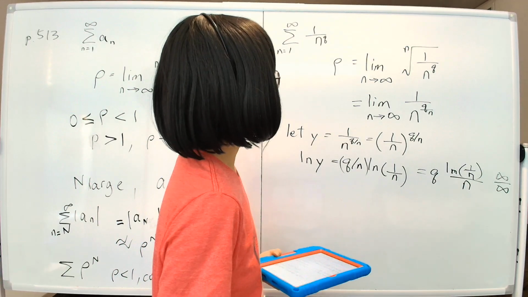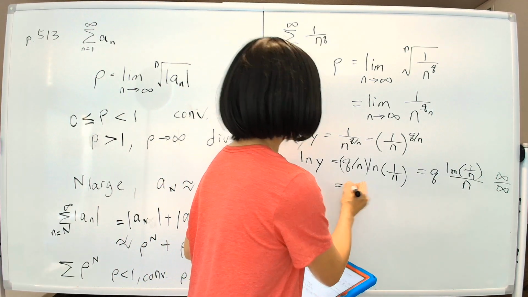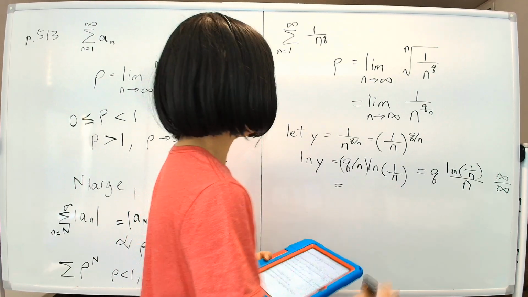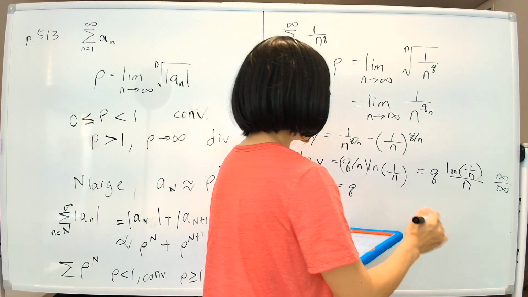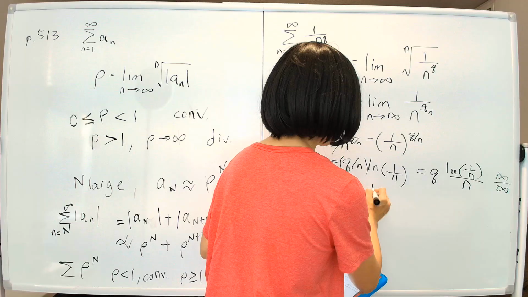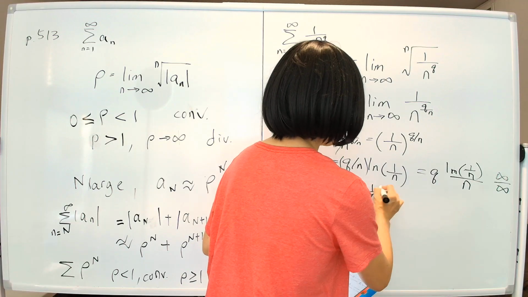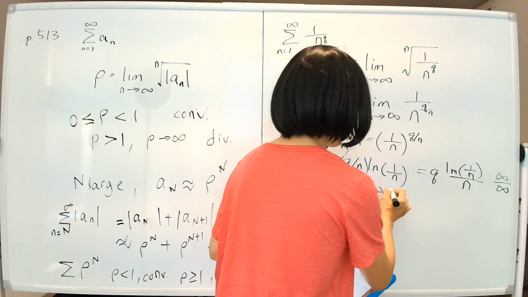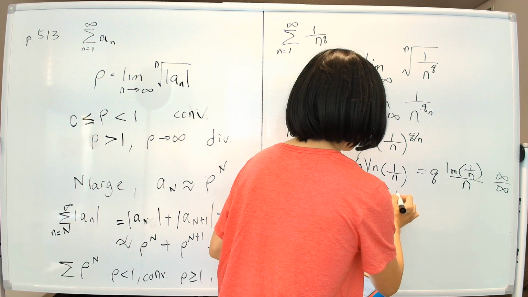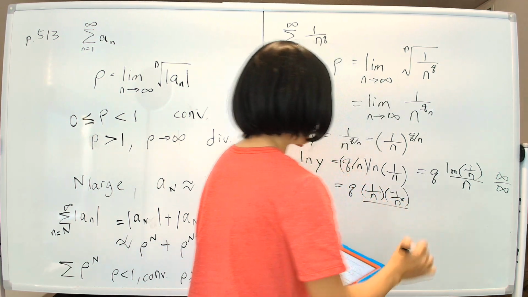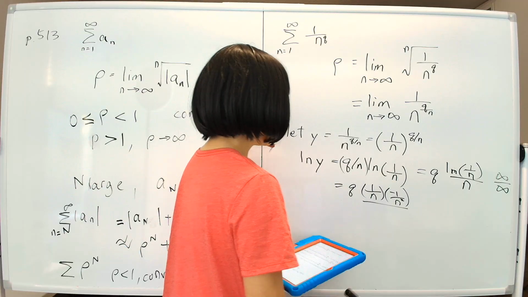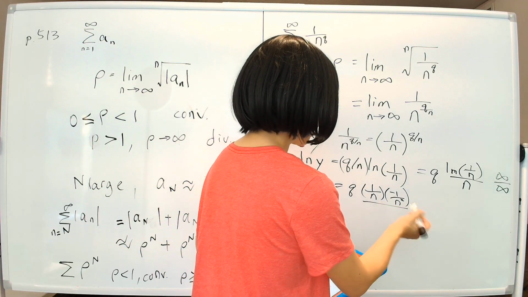So that equals q, and then taking the derivative of natural log gives 1 over n. The derivative of 1 over n is minus 1 over n squared, and then the derivative of n is just 1.